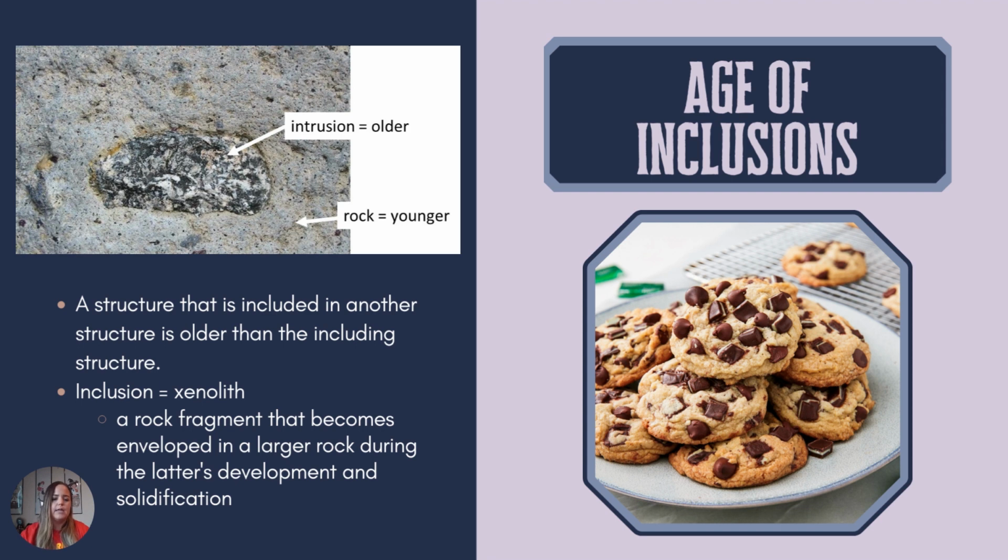And so that inclusion would be older than the overall rock that it exists in. An example would be a chocolate chip cookie. You can't make a chocolate chip cookie if the chocolate chips don't already exist. So the chocolate chips exist, which are our xenoliths or inclusions, and then you can make the cookie, which is the larger rock, which will be younger. The cookie is younger than the chocolate chips.